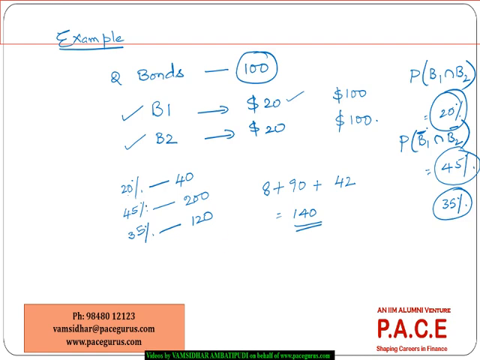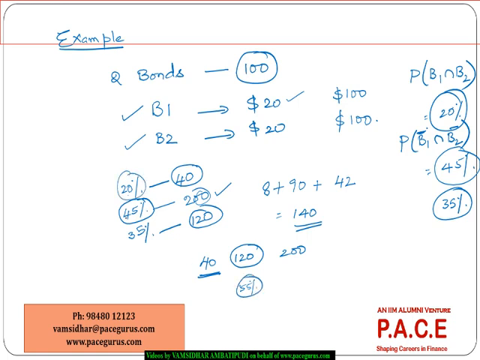And when I come to the mode, the one that has the highest frequency or the highest probability. So the mode is 200, the most likely single outcome. And when it comes to the median, here the values are 40, 120, 200, so I'm arranging them in ascending order. Now less than or equal to 40 is 20%, but less than or equal to 120 is 55%, 20 and 35.